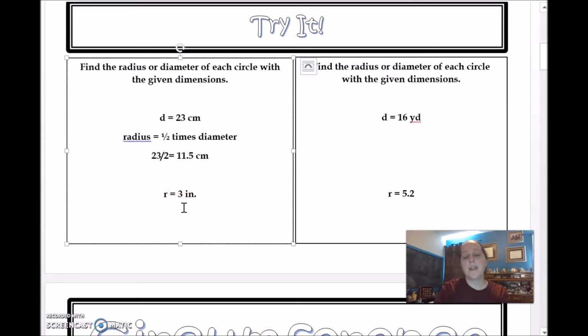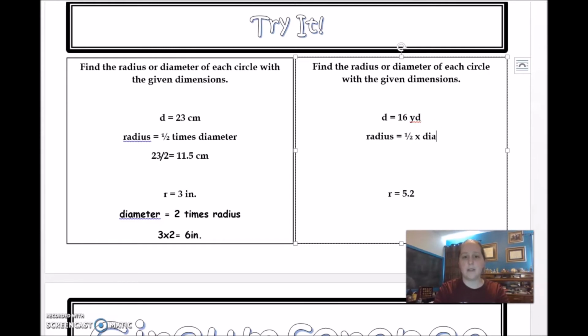For the second one, radius equals 3 inches. So the diameter, because that's what I'm trying to find, equals 2 times the radius. And when I do that, 2 times 3 equals 6 inches. For this one, diameter equals 16 yards. So again, the radius equals 1/2 times the diameter.